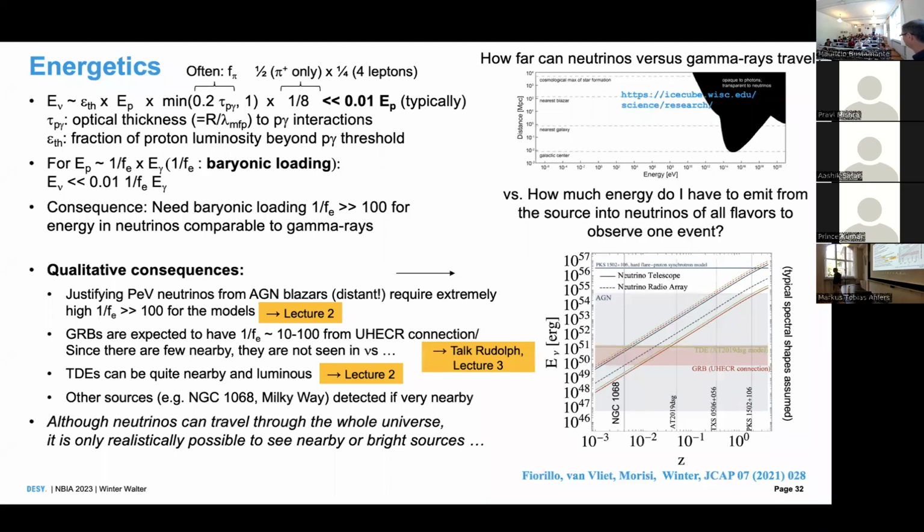I was wondering about this energetics, the energy versus redshift. Is that basically just the distance from the source to us, and because it's so far away, you distribute the neutrinos over a larger area? Is that where this is coming from, or am I missing something? No, it's just the distance in this case.